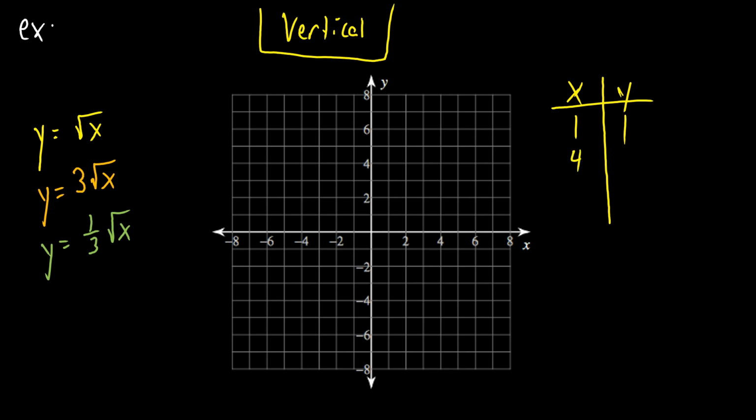We're just going to plug in 4 here. Square root of 4 is 2, and square root of 9 is 3. So we're going to have the general behavior of this graph. We got 1, 1 here, 4, 2 here, and we have 9, 3 somewhere over here.